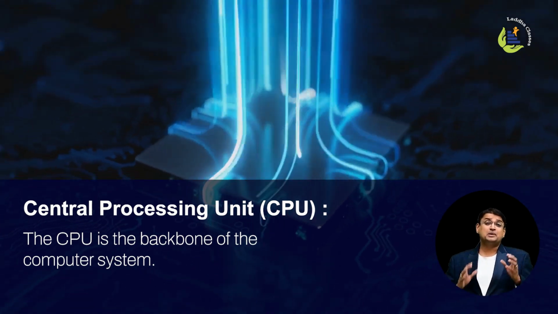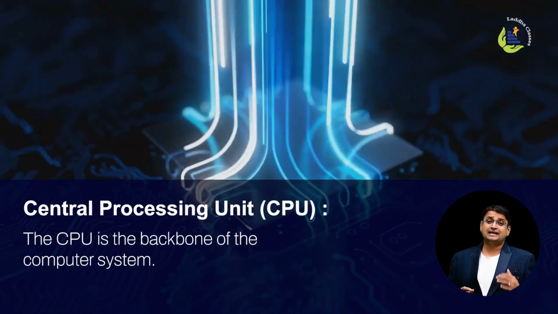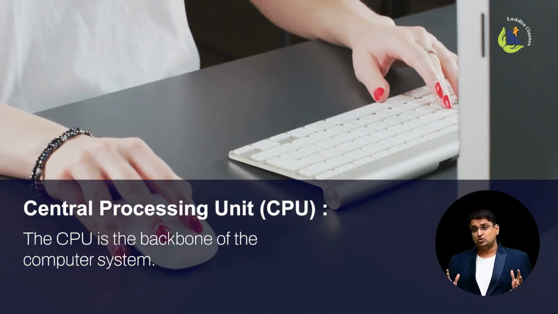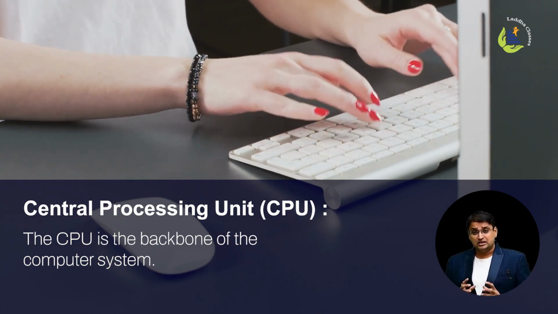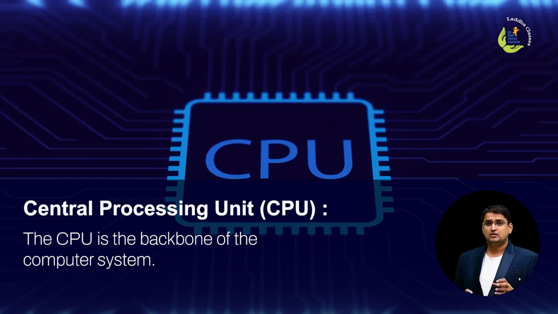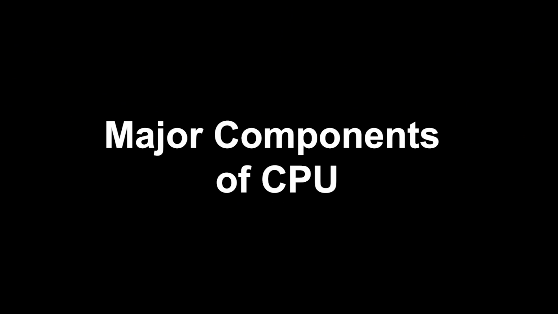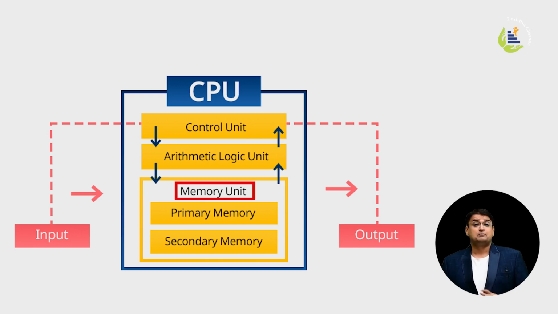This brain then prints out the desired result based on the instructions received and the input that the user made. It plays a crucial role in performing arithmetic and logical operations. It is responsible for controlling the operations of other devices. Three major components of the CPU are control unit, arithmetic logical unit, and memory unit.